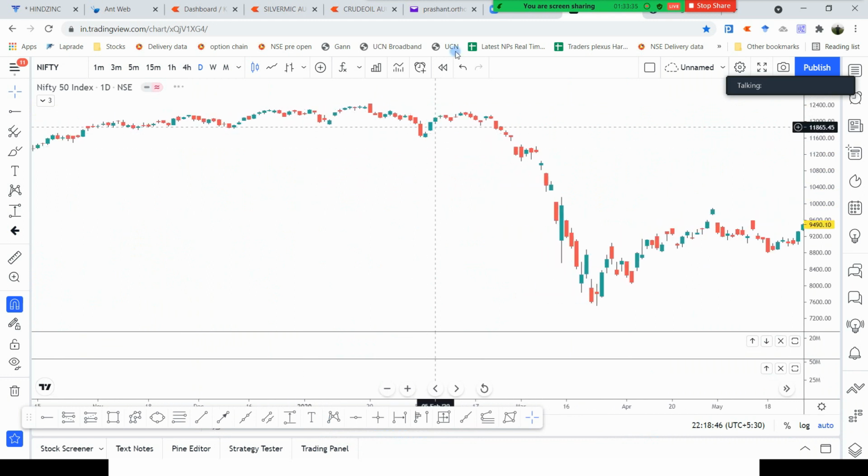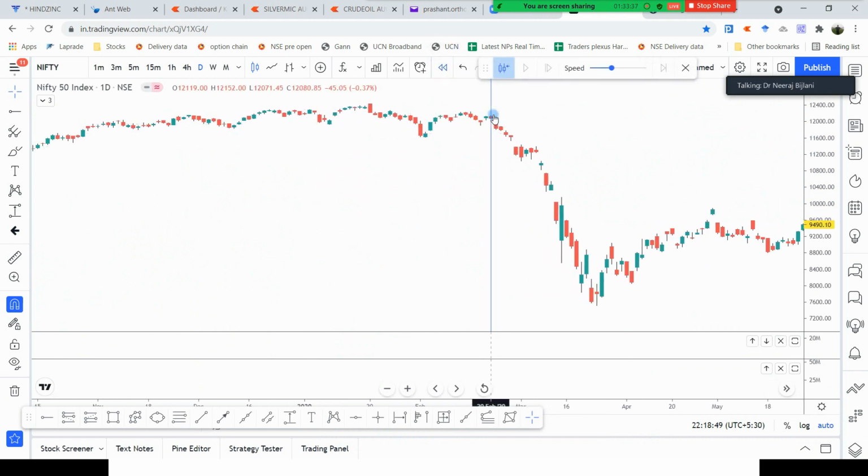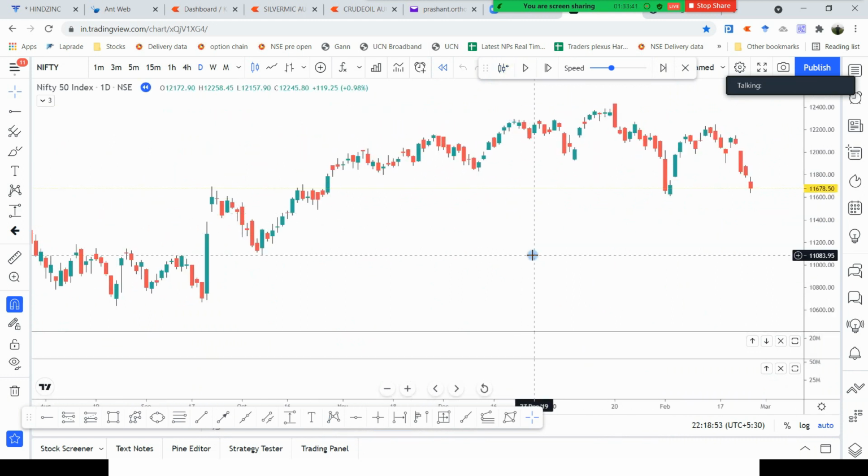Yes, daily basis. And this fall is the COVID lockdown. This was the chart before the fall. After this candle, there was a fall. This was roughly in the month of Feb, right? Yeah, this is the end of Feb, 26 Feb. Yes, go ahead.